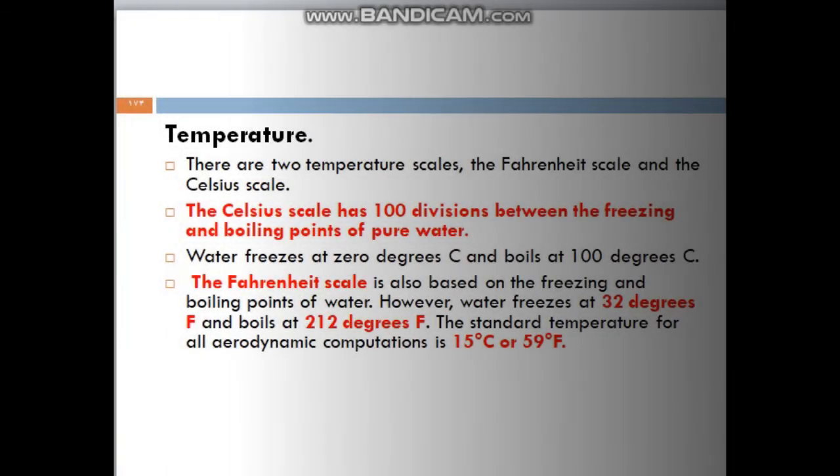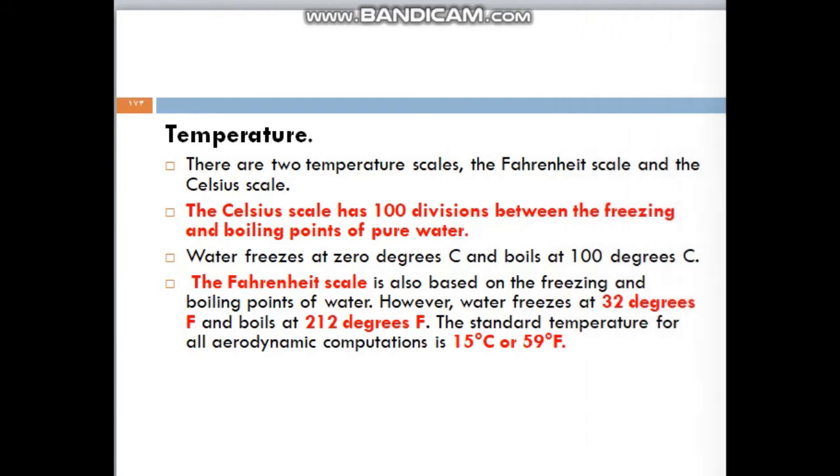Now we will talk about the temperature and the standard temperature of the atmosphere. There are two temperature scales, as we studied before, the Fahrenheit scale and the Celsius scale, and we know how to change from Fahrenheit to Celsius and the opposite. The Celsius scale has 100 divisions between the freezing and boiling point of pure water.